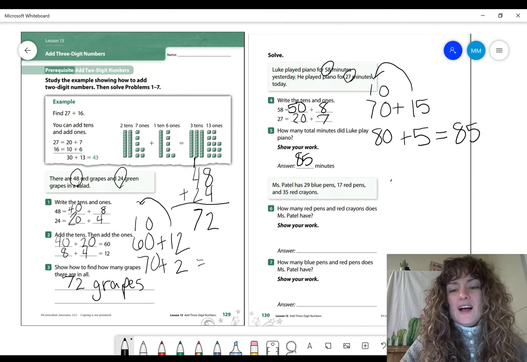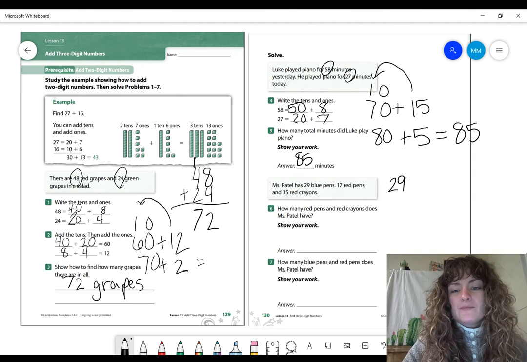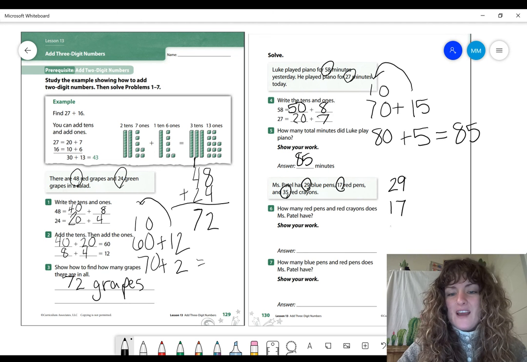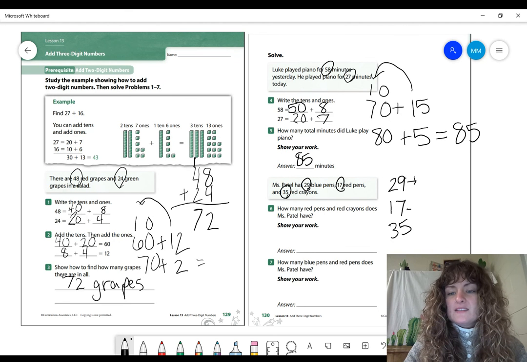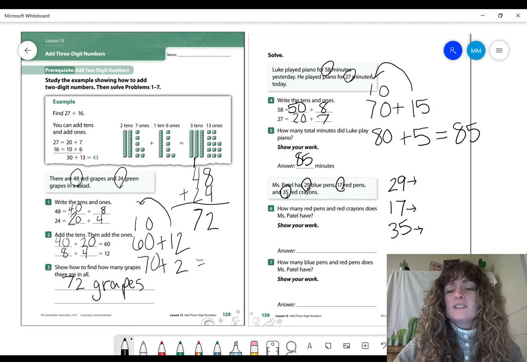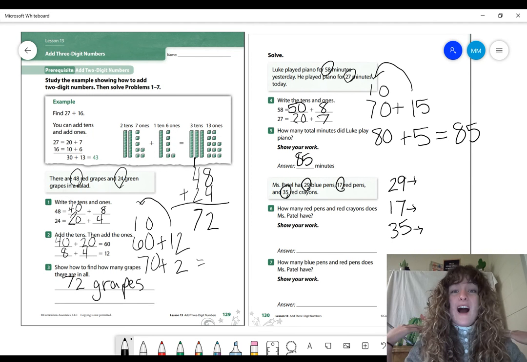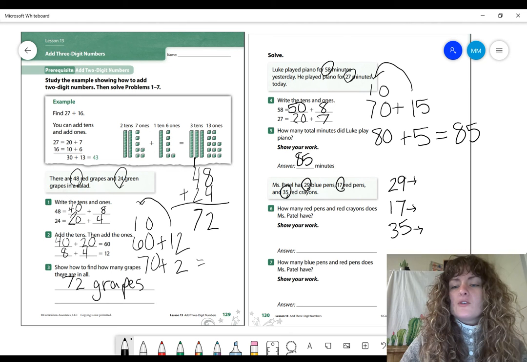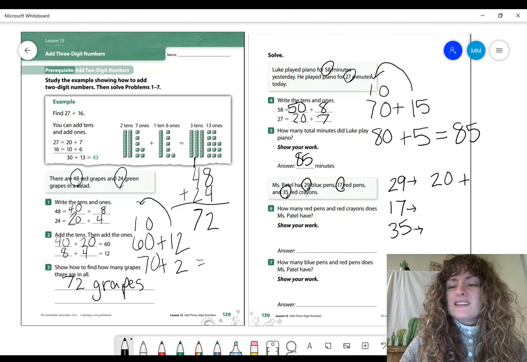So we're going to find the value of 29 blue pens, 17 red pens, and 35 red crayons. All right. So let's start with 29. 29, the value of those digits. Our tens place, we have 2 tens, which is a value of 20. So 20 plus 9.